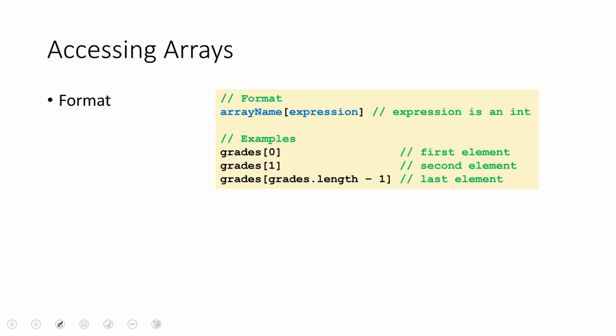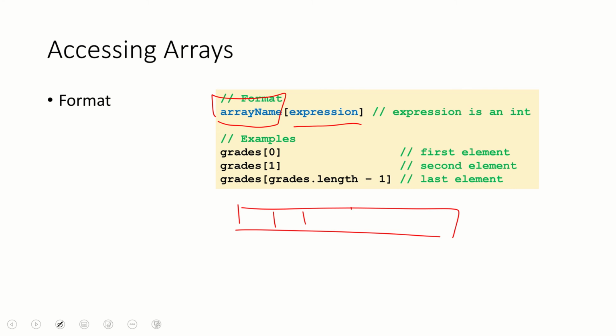This is the format we're using: first we use the array name with an expression. This expression should return an int. You still remember that for arrays there's something we call zero-based index, right?